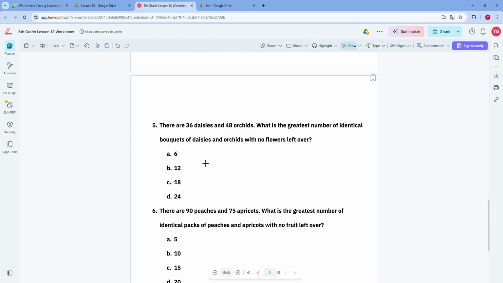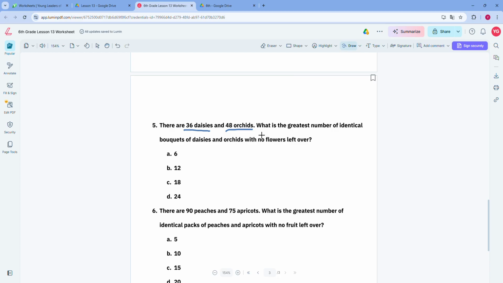And for number 5, the question is there are 36 daisies and 48 orchids. What is the greatest number of identical bouquets of daisies and orchids with no flowers left over? So first thing we want to do is just highlight the important numbers and words that we want to keep in mind and that are going to help us understand the question more.